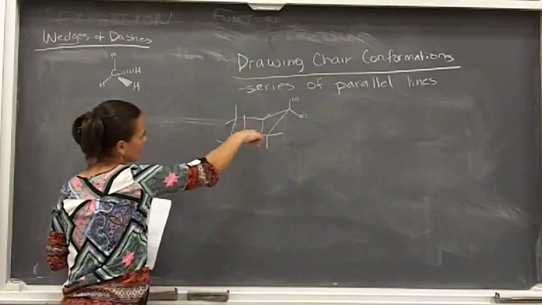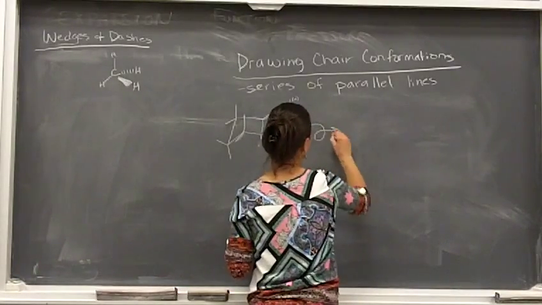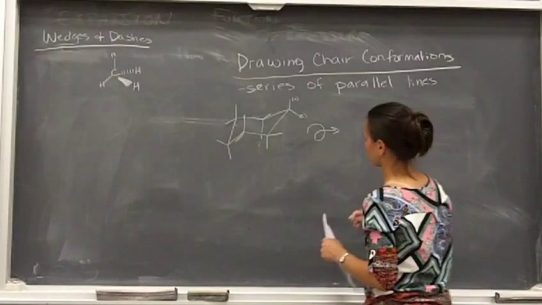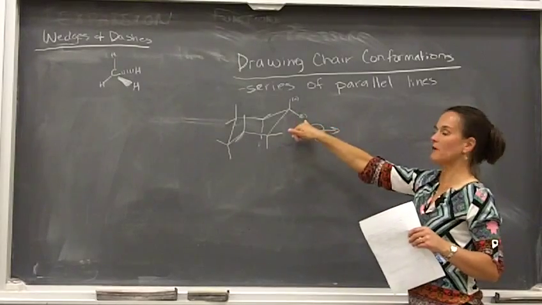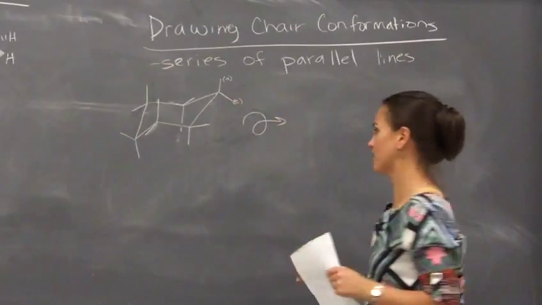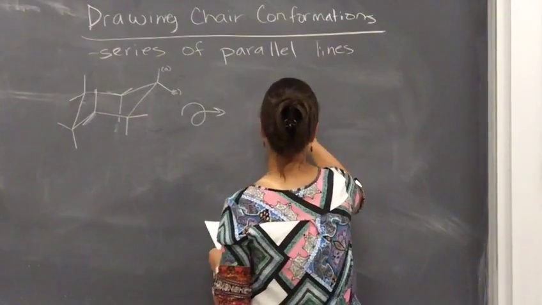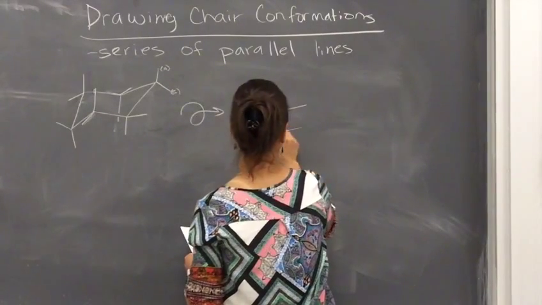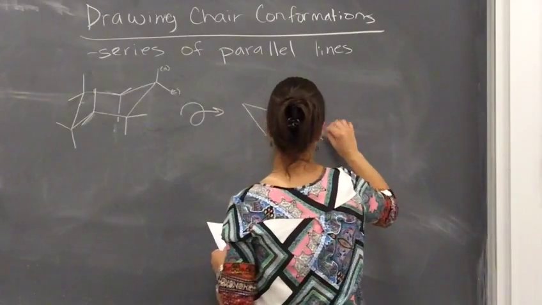So here is chair this way. Then if we did the chair flip, then we've got to draw things the other direction. And when you flip the chair, everything that was axial becomes equatorial. Everything that was equatorial becomes axial. Okay, so you got to keep track of that. So then we're going backwards, and usually people find one direction is easier than the other.